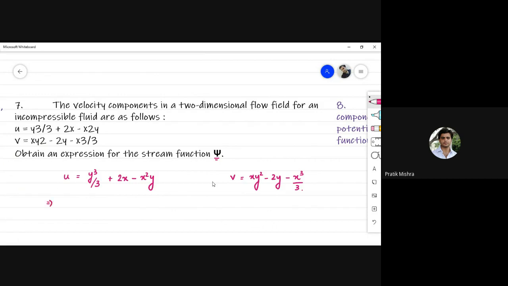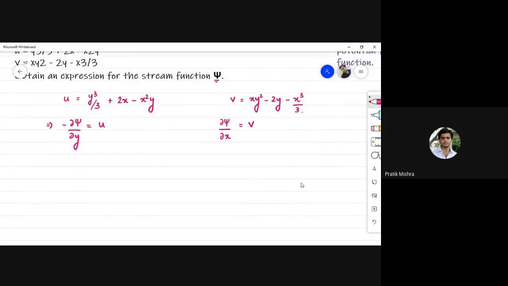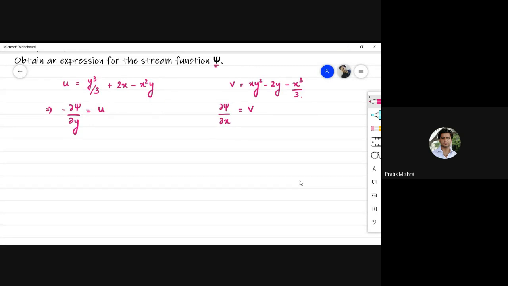We know that minus del psi by del y is equals to u, and del psi by del x is equals to v. सब्स्टिट्यूट कर दीजिए दोनों फंक्शन की वैल्यूज, u और v की वैल्यूज यहाँ सब्स्टिट्यूट कर दीजिए, तो यू आर गोइंग टू हैव माइनस del psi by del y is equals to y cube by 3 plus 2x minus x square y, एंड यहाँ पे del psi by del x is equals to x y square minus 2y minus x cube by 3.